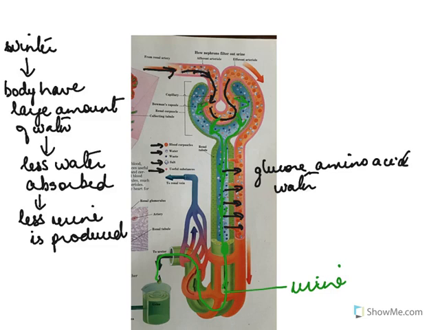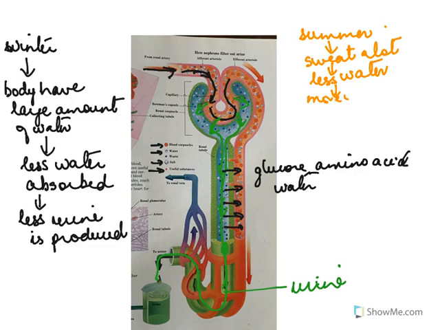In summer, just the opposite happens. We sweat a lot, we lose a lot of water. So if we sweat a lot, the body has less water in it. So with less water, more water is absorbed by the kidney.